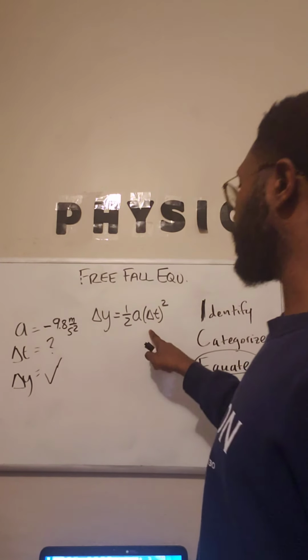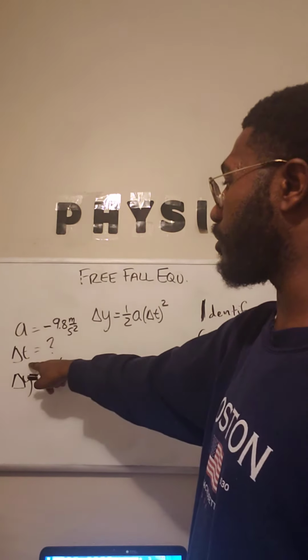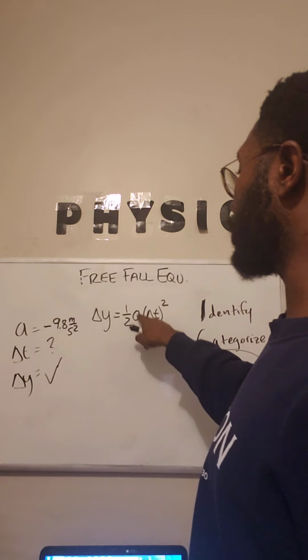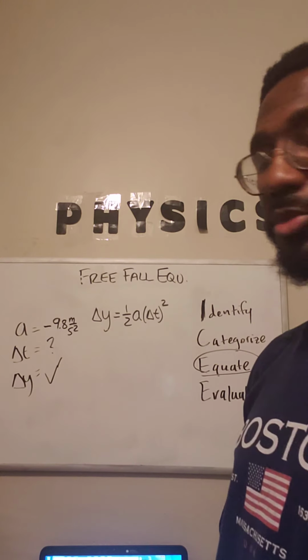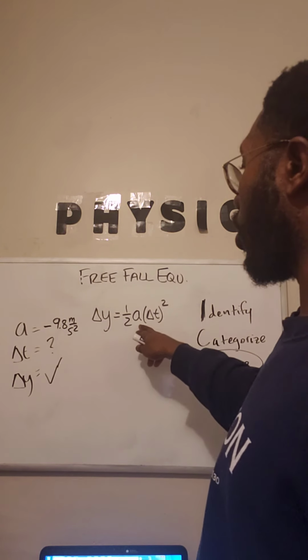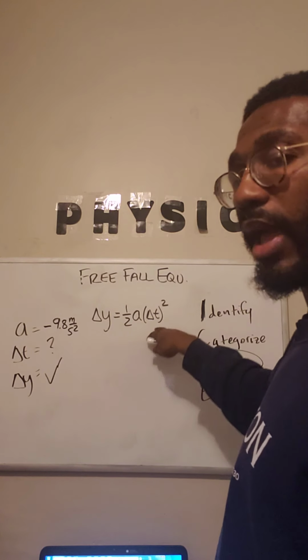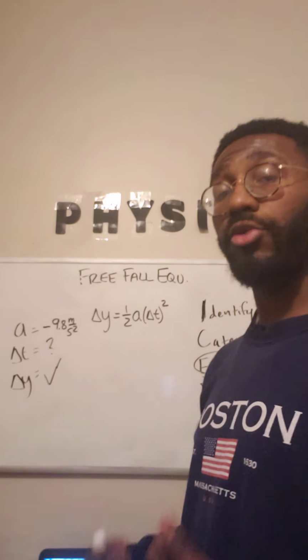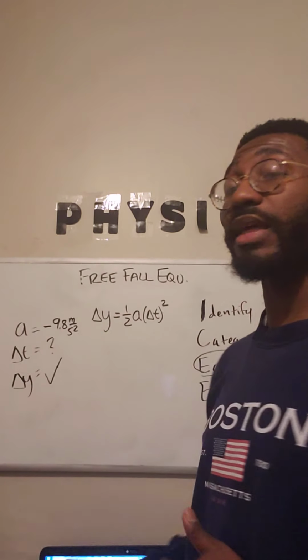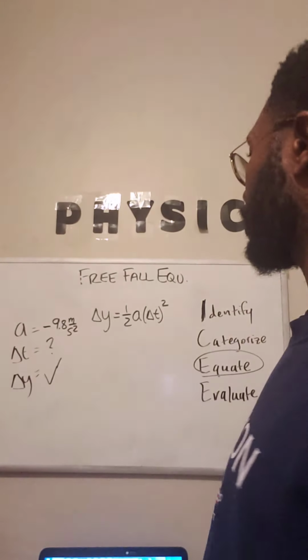So the next step is I need it to be alone by itself on one side of the equal sign. Currently, it is not alone. It is surrounded by other variables and numbers. So let me start by getting all of these other things away from delta t. I'm not going to move delta t to get it alone. I'm going to move everything else away from delta t to get it alone.